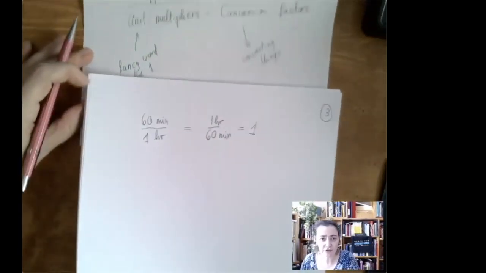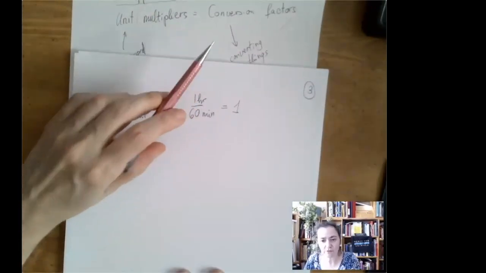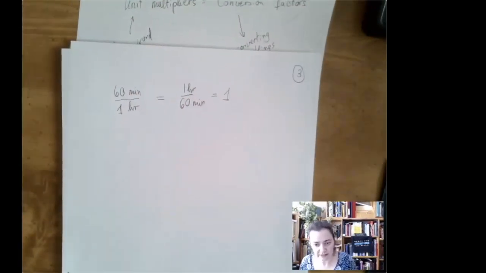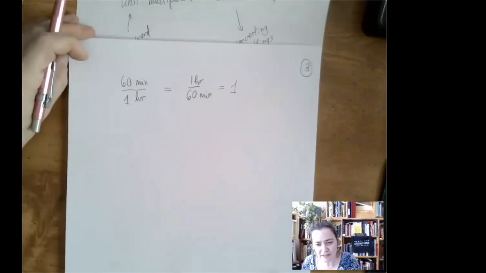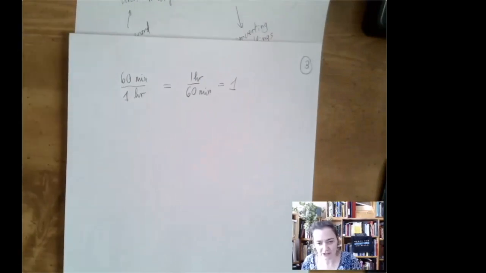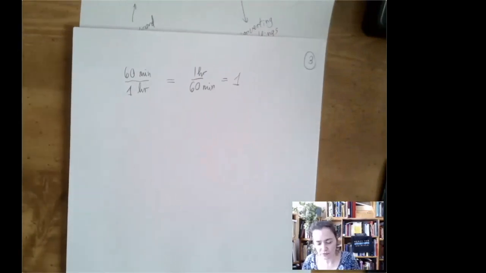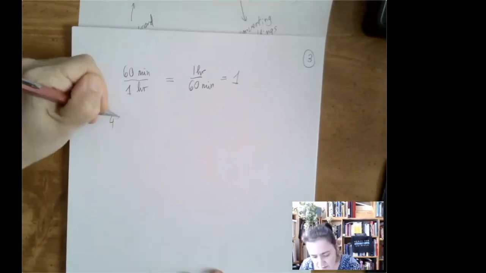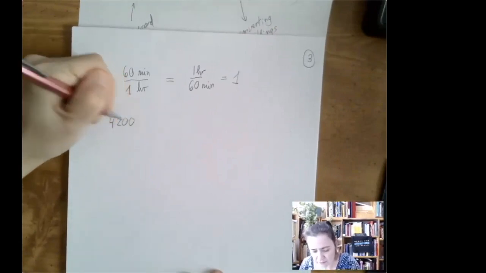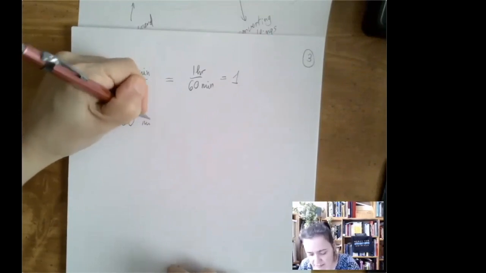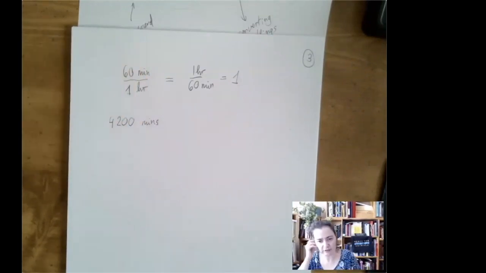And what they're going to do, surprise, surprise, they're going to help us convert from one unit to another unit by exploiting cancellation in fractions. So suppose I have something like 4,200, it's going to be easy, minutes, and I want to convert it to hours. Well, this is going to be about fractions.